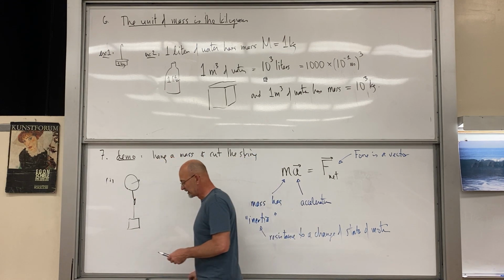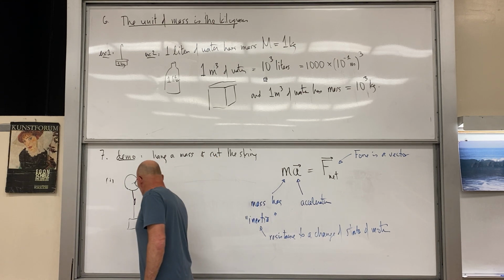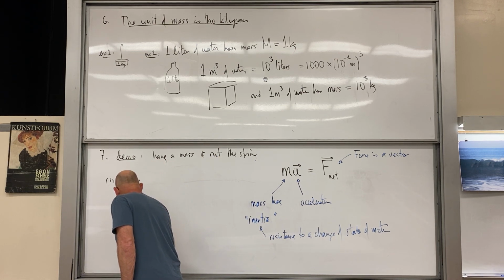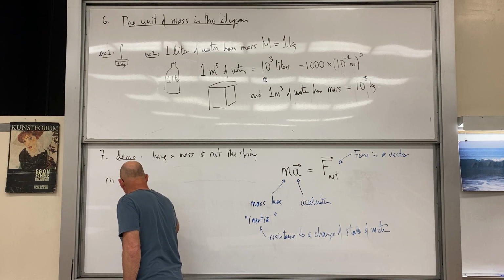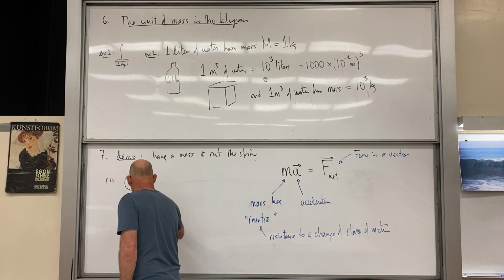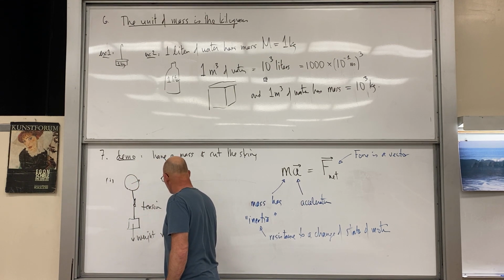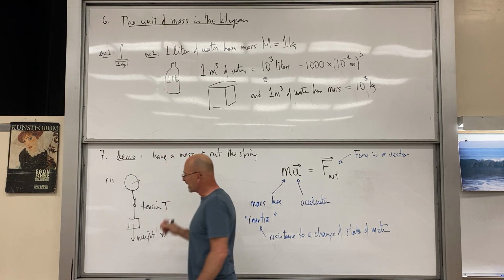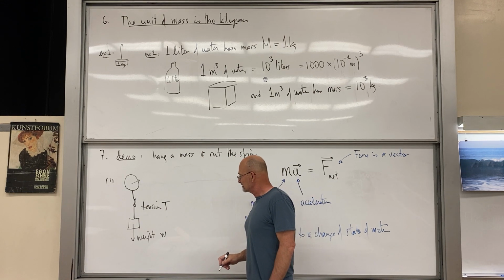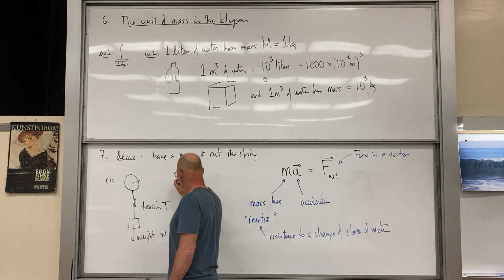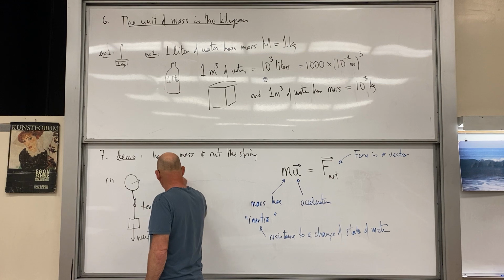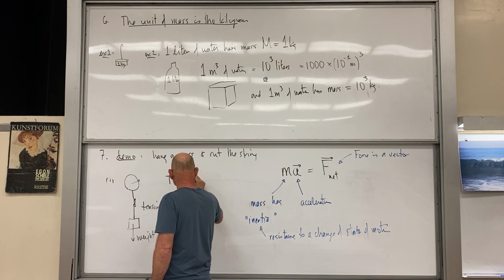What I'll say is I have the weight, and here I have a tension. The weight is going to be lowercase w, tension is going to be uppercase T, and I'm going to have T minus W.